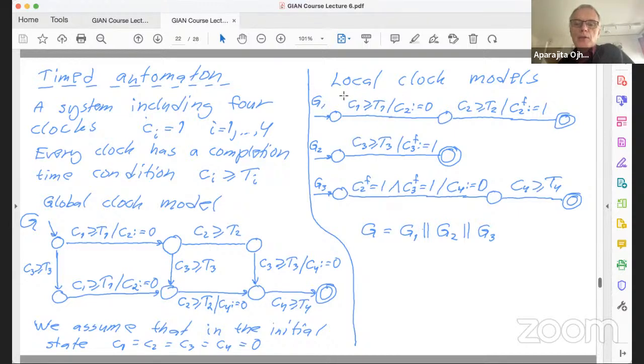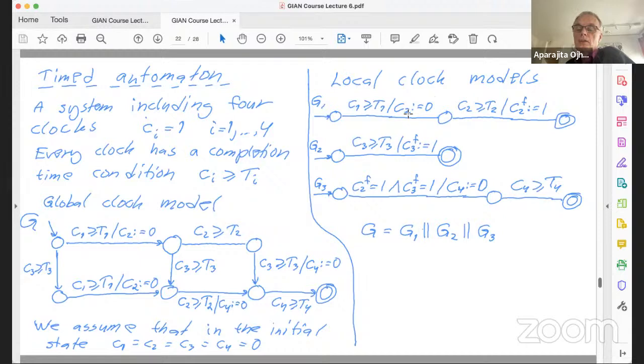So this is an absolute condition: C1 equal to or greater than T1. But say that there is another condition that C1 should be greater than T5, and these are synchronized, then this greater or equal is a necessary condition. But especially for optimization, we try to make all these transitions as soon as possible.